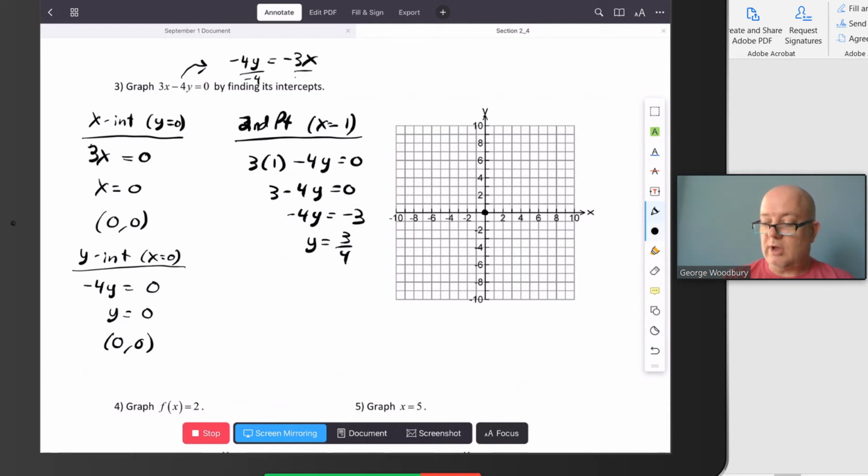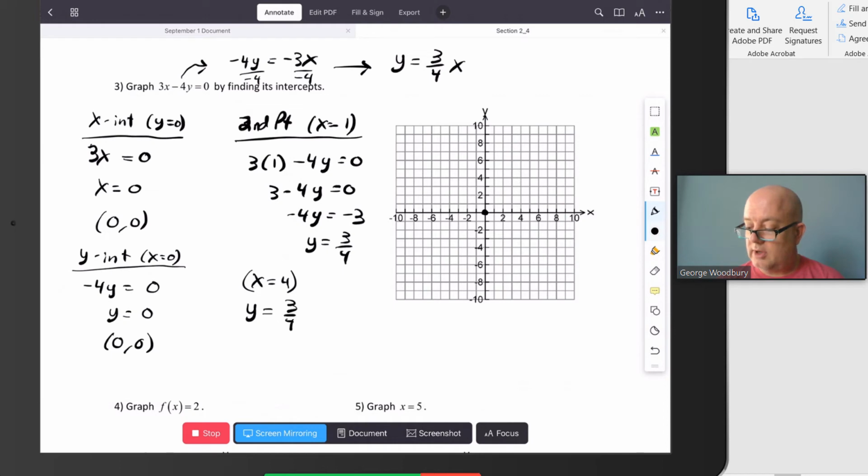I'm going to divide both sides by -4, and that gives me y equals positive 3/4 x. So I'm going to multiply 3/4 by whatever value I pick for x. It makes sense to pick a value of x that's a multiple of 4. And I'm going to try 4. If I use x equals 4, that gives me y equals 3/4 times 4, which is 3.